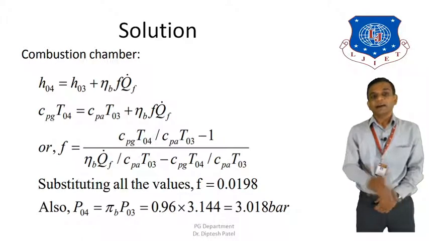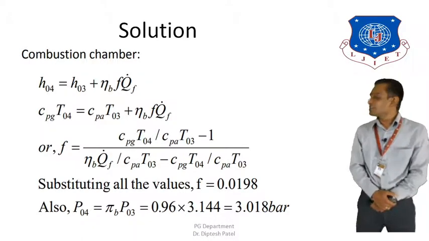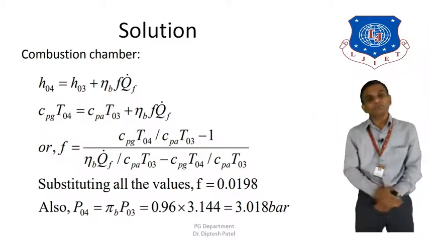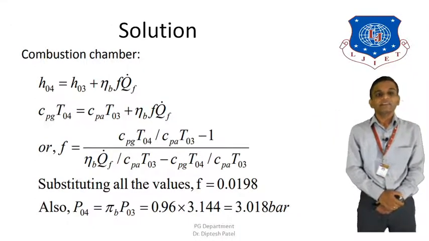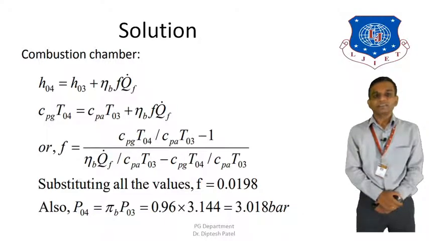Here I am going to expand the enthalpy equation a little bit, and that would become CPG, the specific heat of gas, times TO4 equal to CPA, the specific heat of air, times TO3 plus eta_B f Q_F.